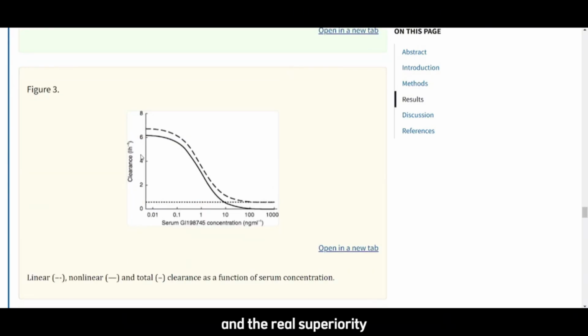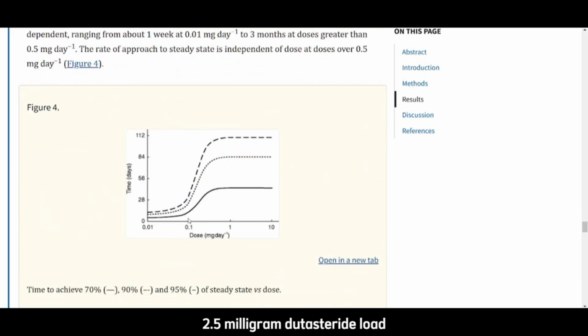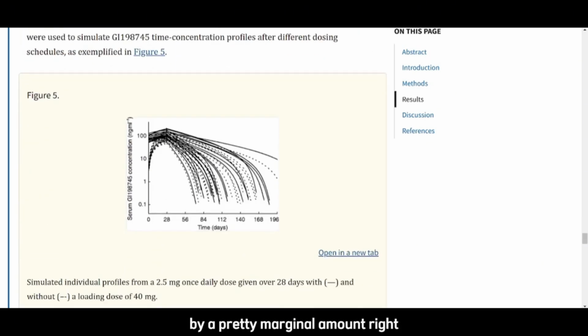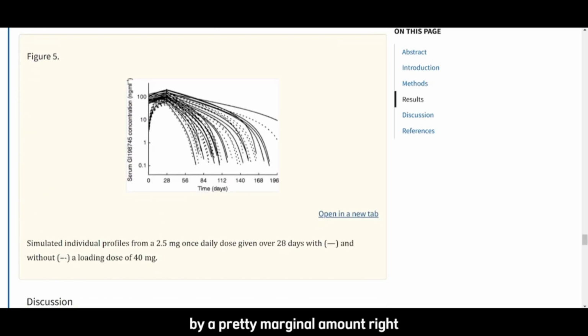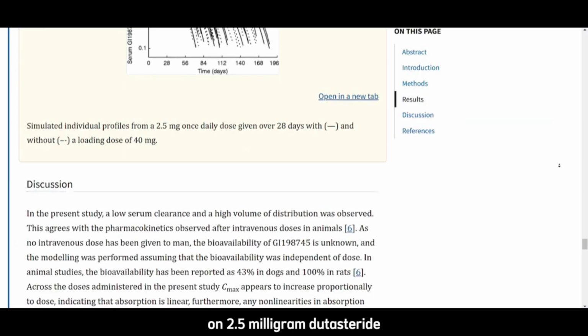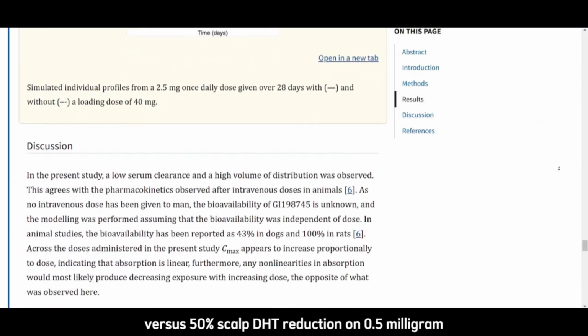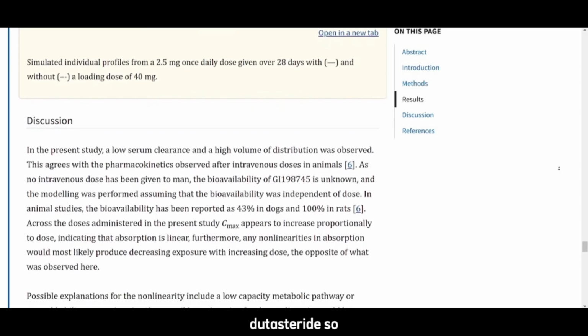And the real superiority, if we had to indicate anything, could possibly be in the fact that the 2.5 milligram dutasteride load had a greater difference in terms of its reduction in scalp DHT by a pretty marginal amount, right? You're dealing with about 80% scalp DHT reduction on 2.5 milligram dutasteride versus 50% scalp DHT reduction on 0.5 milligram dutasteride.